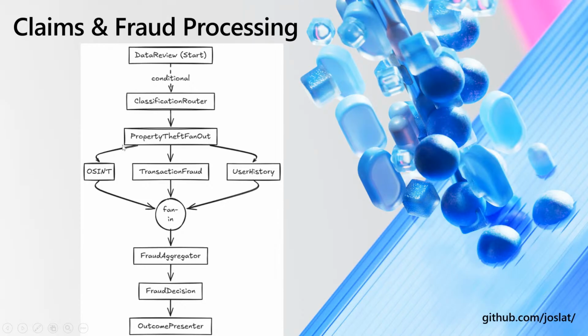So we deliver the workflow to OSINT, which is open source intelligence. It will check if this pink Hello Kitty bike has been found in any marketplace, maybe even before it was stolen, which would be showing, hey, this is fraud.